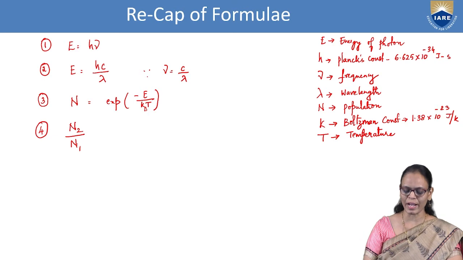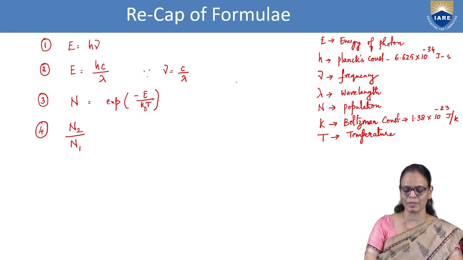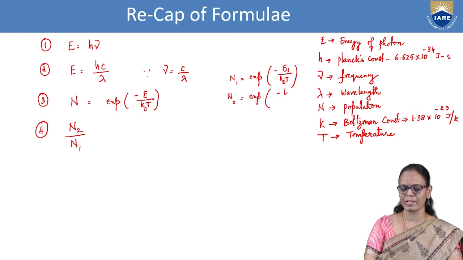We know N is equal to exponential minus E upon kBT. So, N1 will be equal to exponential minus E1 by kBT. N2 will be equal to exponential minus E2 by kBT.